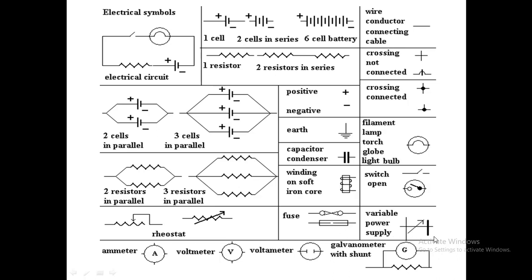Variable power supply means you can change the value of the potential across the battery. That means you can keep either 2 volt or 4 volt, etc. Symbol for ammeter, which is represented by A. Symbol for voltmeter, which is represented by V. Now galvanometer with shunt, which you will learn in your higher class. This is for your reference.